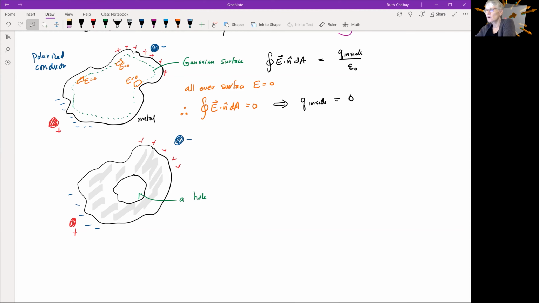So what if there's a hole in the metal? You know, how do we know that there aren't some positive charges here and some negative charges there?